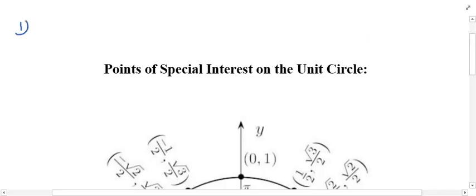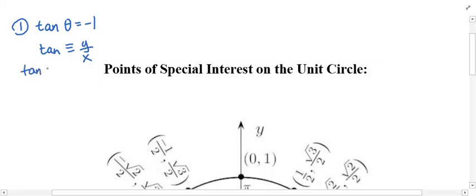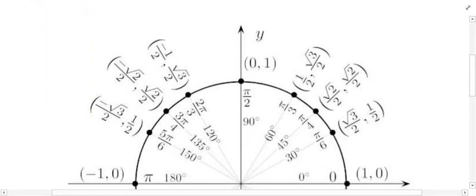We are first trying to solve the equation that the tangent of theta is equal to -1. We know that tangent is the y-coordinate over the x-coordinate. We want a tangent of -1. We know that tangent is negative in quadrants 2 and 4, so that's where we should be looking. Remember, what is going to produce a tangent of -1?